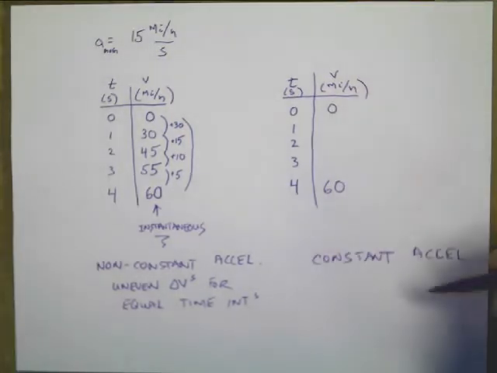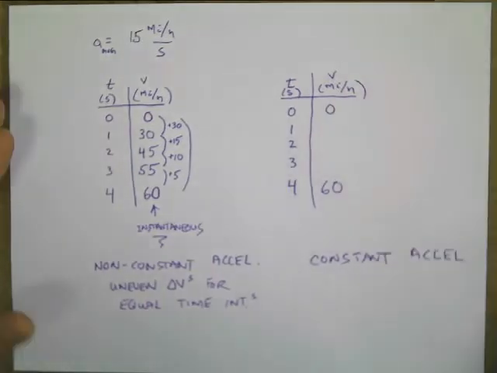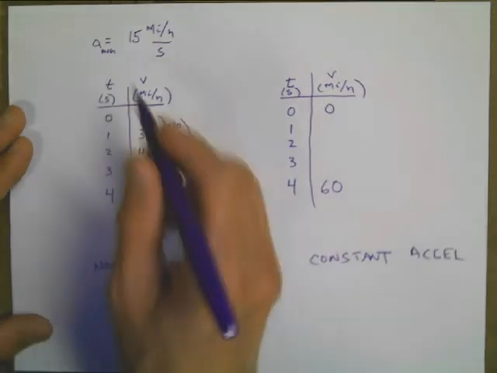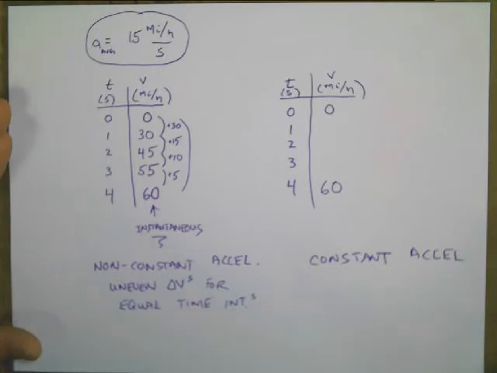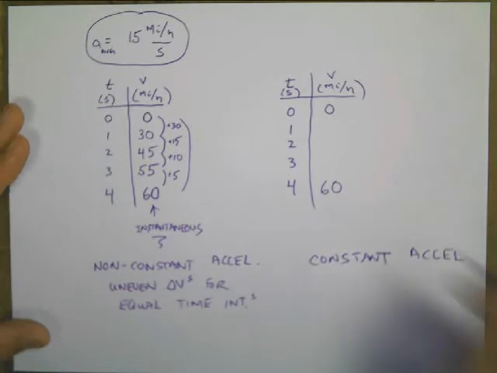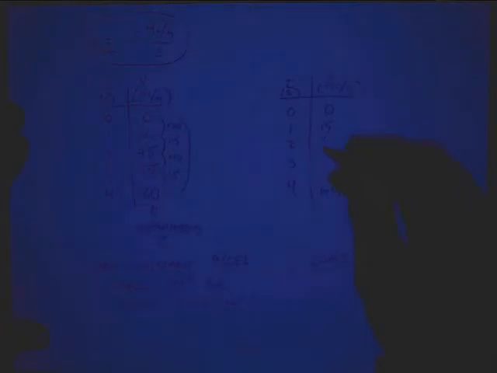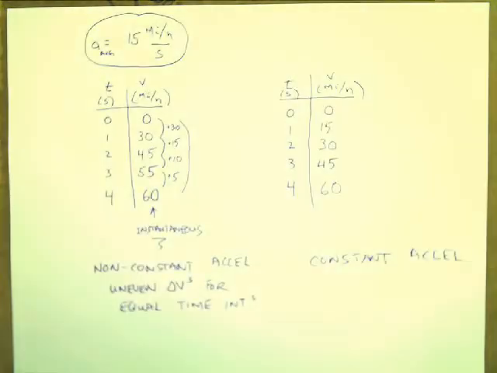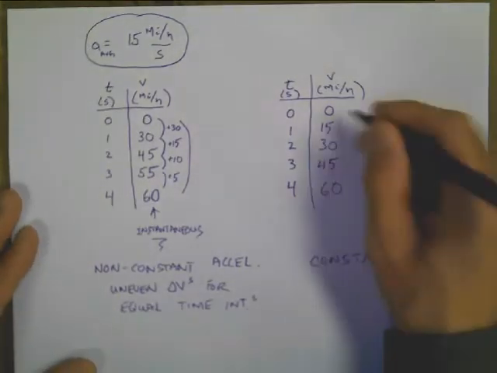Now, how would the speed have to increase to go from 0 to 60 in a constant or an even way? The answer comes from the acceleration that we figured out. Let's have it add 15 miles per hour every second. So it would start at 0, then go to 15, then 30, then 45, and then 60.